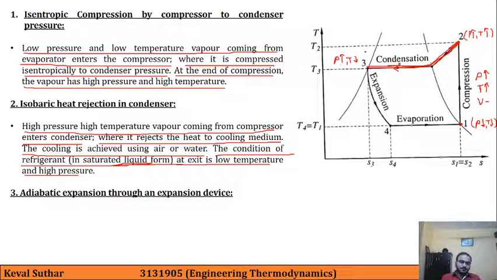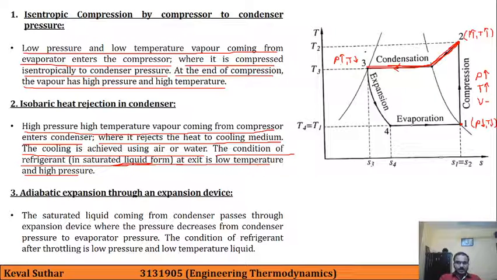Next is adiabatic expansion through expansion valve. So now it is assumed here that there is an adiabatic expansion through expansion device. When we were studying about vapor power or gas power cycles, such kind of expansion was considered to be isentropic, but here in refrigeration it will be considered as an adiabatic process.